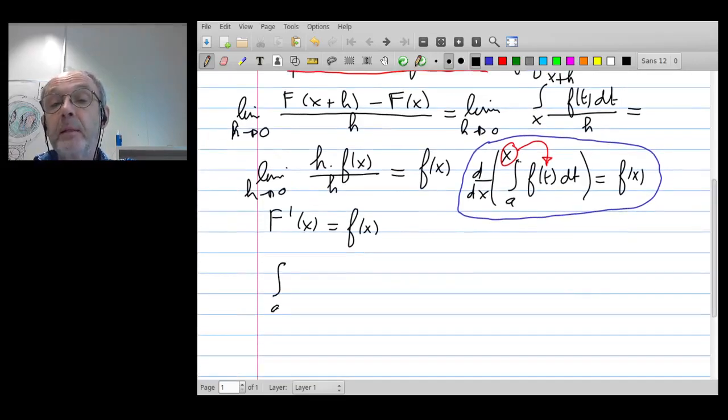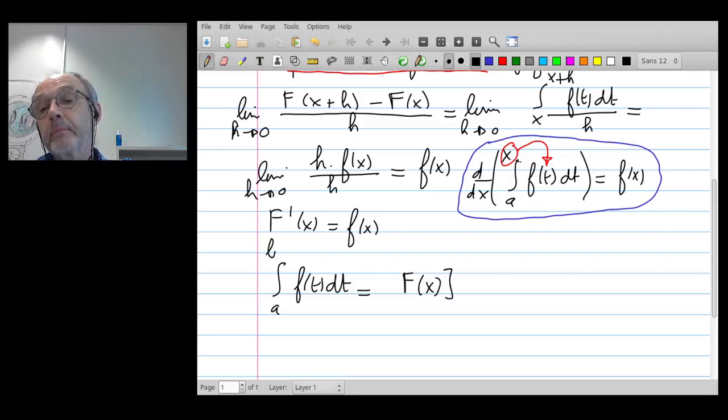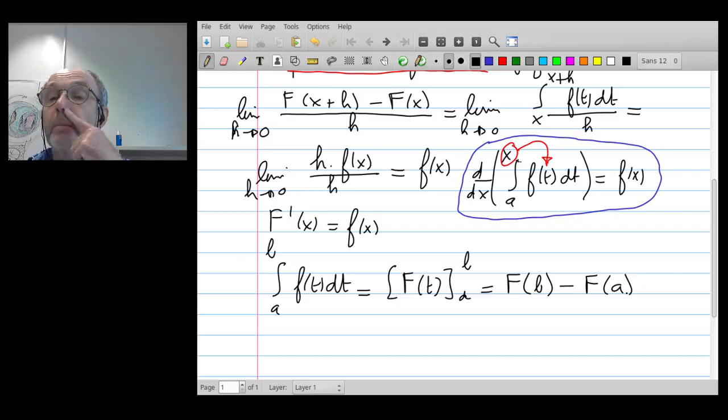If we are integrating from a to b f(t) dt, and you know a primitive function, and maybe I can better fill in t here, then you can fill in the upper boundary in the primitive function, and then you subtract the value of the lower boundary.